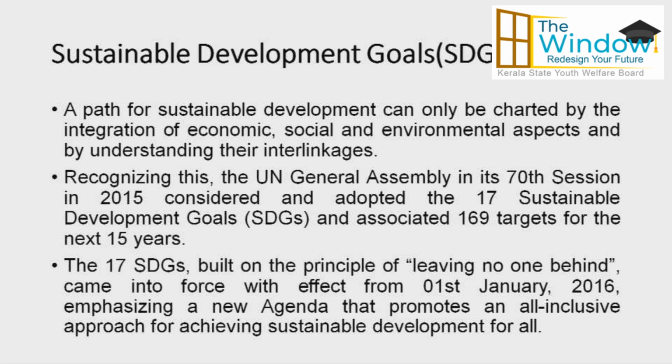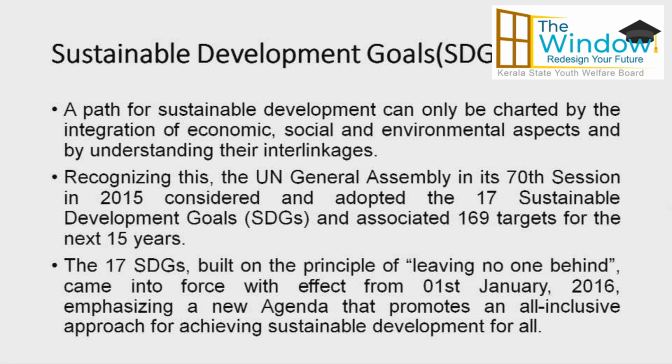A path of sustainable development can only be charted by the integration of economic, social and environmental aspects and by understanding their interlinkages. Recognizing this, the UN General Assembly in its 70th session in 2015 considered and adopted the 17 Sustainable Development Goals and associated 169 targets for the next 15 years.